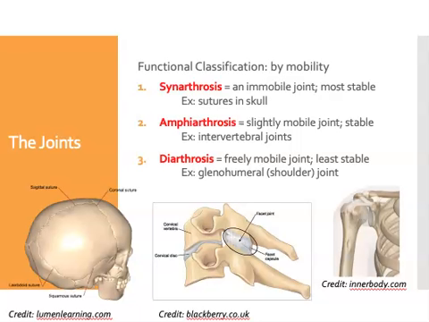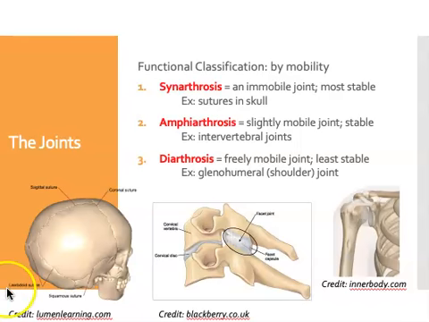We can talk about the mobility of a joint within any one of the three types of structural joints. For example, we talk about an immobile joint as being a synarthrosis. These are the most stable of the joints. A good example of this would be the sutures in the skull.